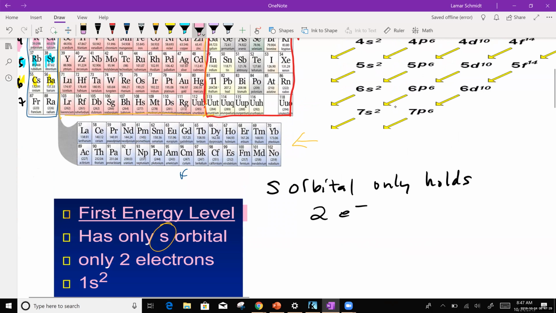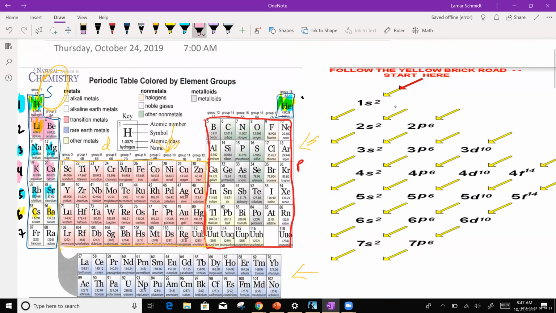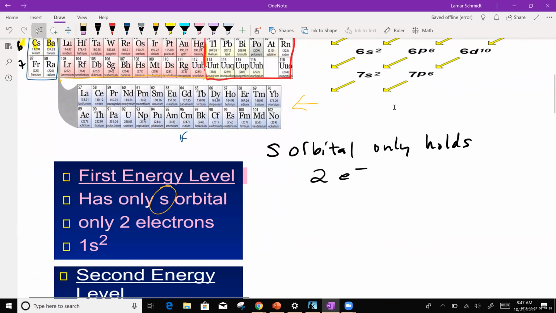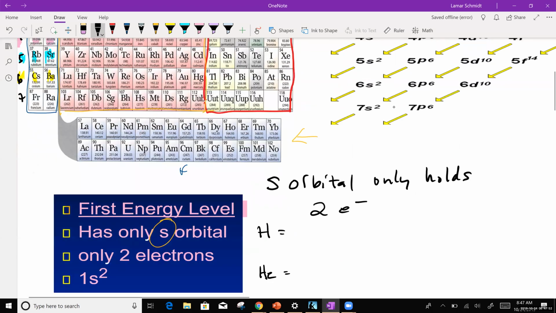If we were going to write the electron configuration for atoms in energy level 1, we only have 2 elements, 2 atoms: hydrogen and helium. They both have a different electron arrangement. In hydrogen, we have only 1 electron, and it's in the S orbital.